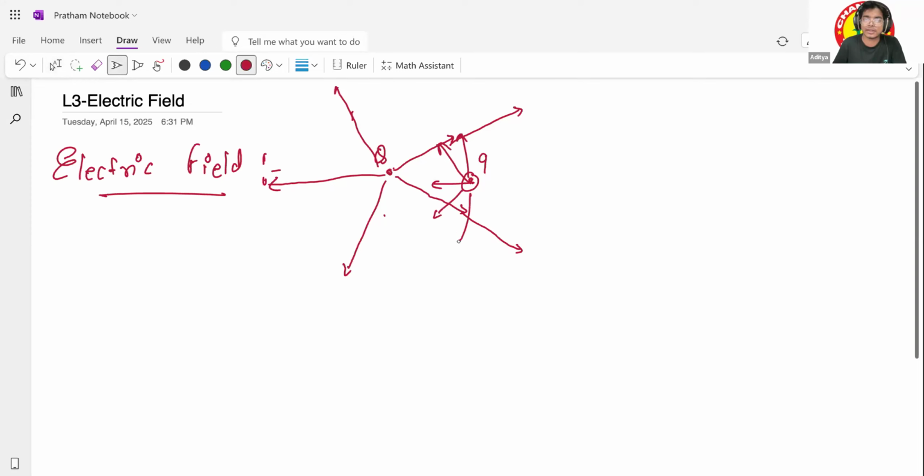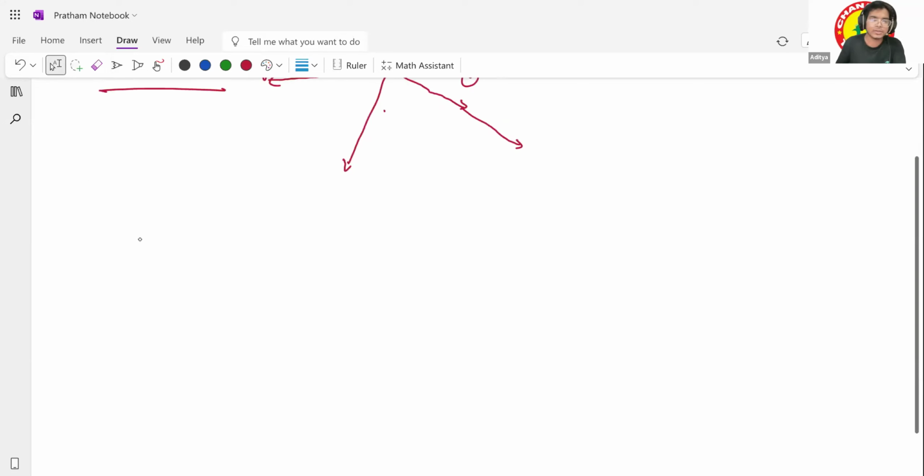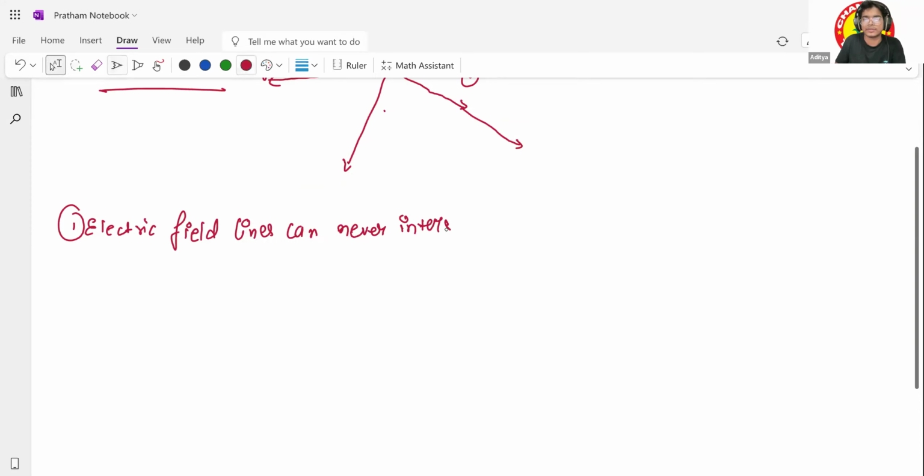One more thing to notice here: I have intersected the lines, but electric field lines can never intersect. This is one thing you have to remember. Electric field lines can never intersect; there won't be any intersection between them.